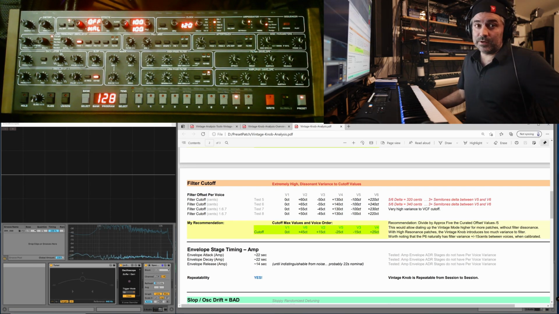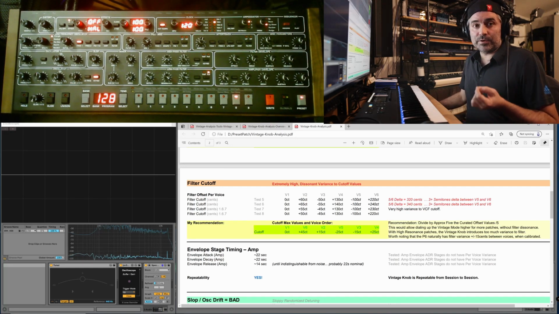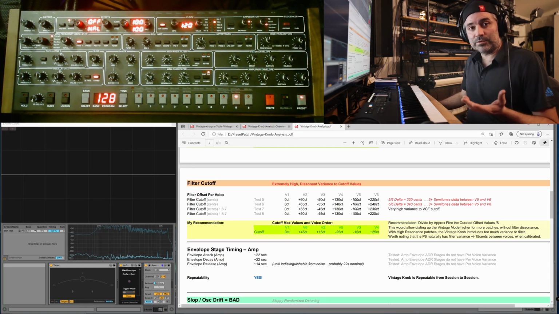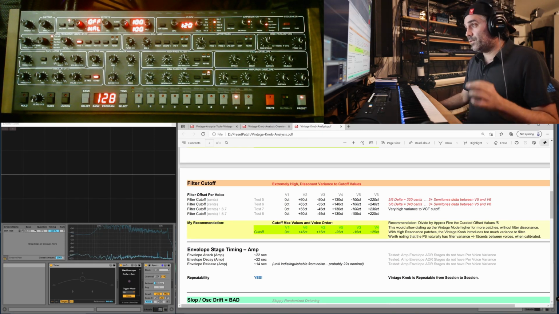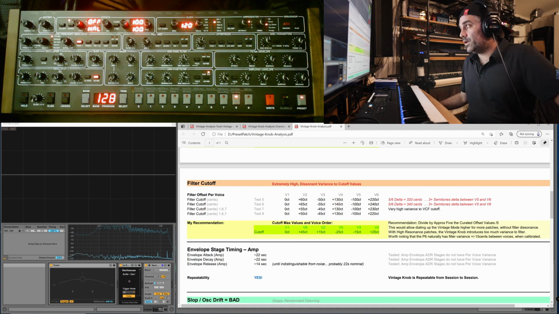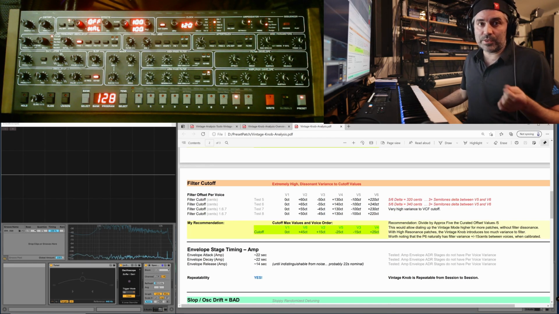And I hope it will be considered, because I really think the vintage knob is an awesome improvement over Slop and previous generation voice offsets. It's the right direction to go, and I'm really excited for the future of it. And I just feel like this will greatly improve very quickly the implementation of the vintage knob in its current form, and just make it much more usable all the way through the knob dial.